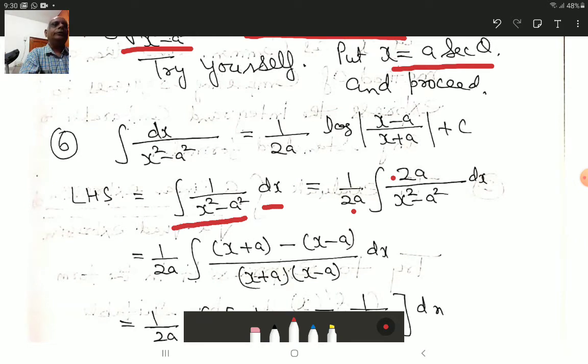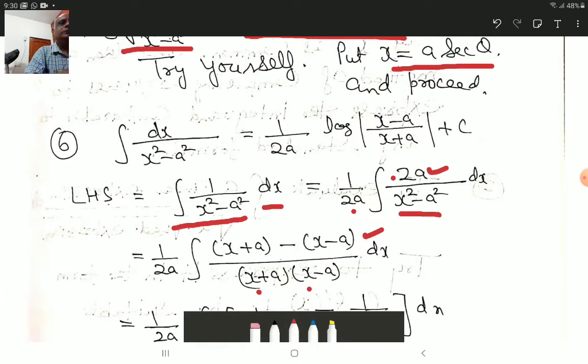So see how to do it. Now this 2a can be modified as x plus a in one bracket minus x minus a in second bracket, whole upon x square minus a square, meaning x plus a into x minus a. Denominator has been factorized. Now if you simplify the numerator, you will get this 2a only. X plus a minus x plus a, x minus x cancelled and a plus a is 2a.